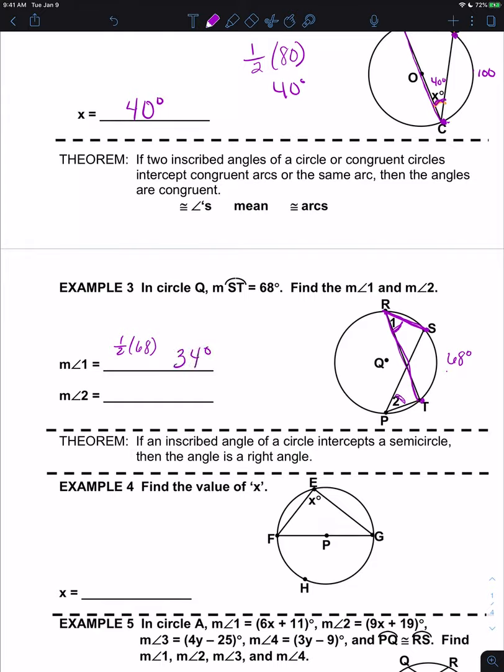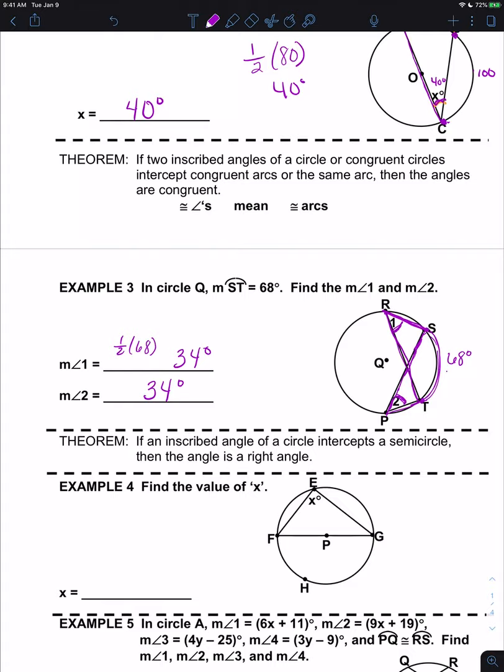Angle 2 does the same thing. It goes from S to P to T, so it's still creating that arc from S to T, so it is still 1/2 of 68, which is also 34 degrees. Even though there are two inscribed angles, if they have the same arc, they're going to be the same degree.